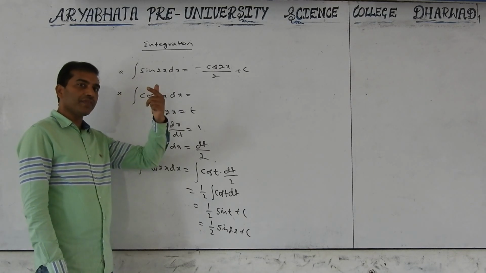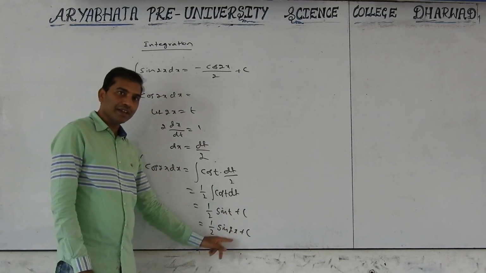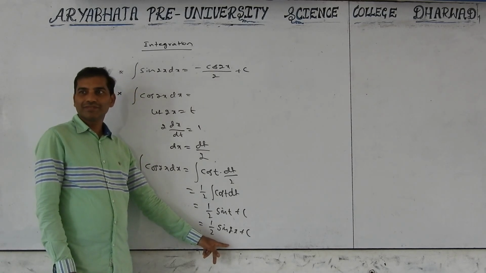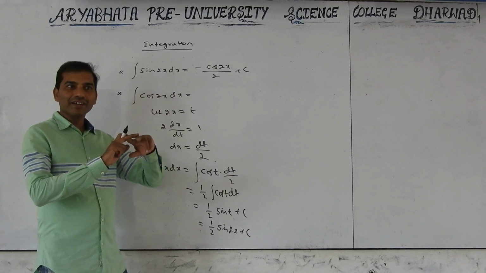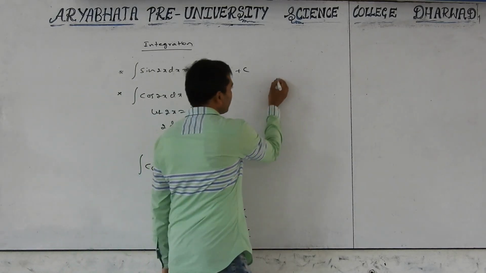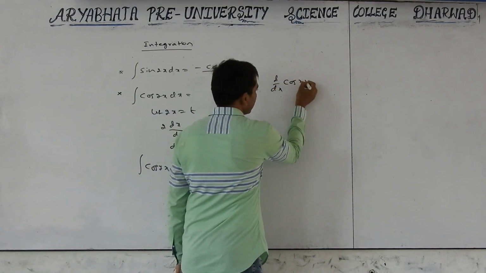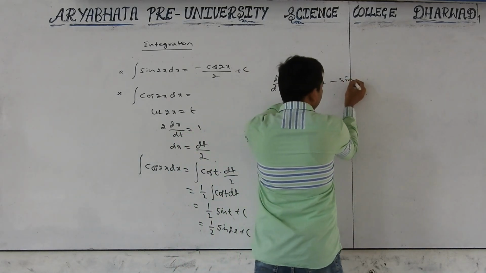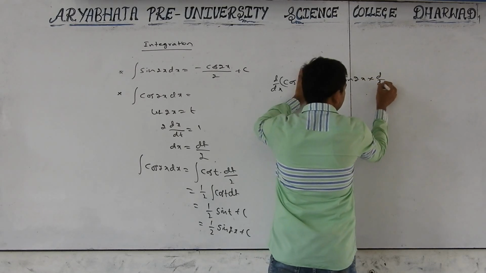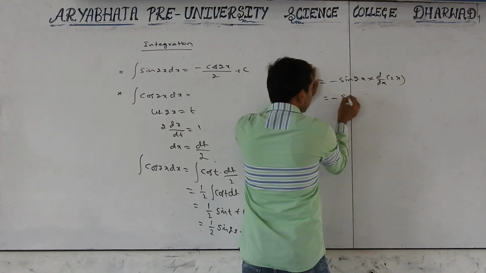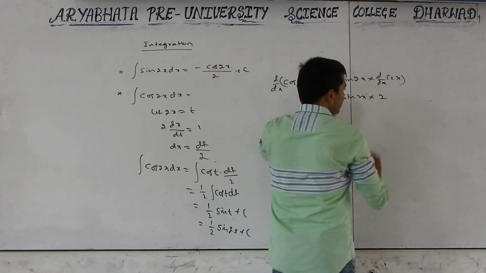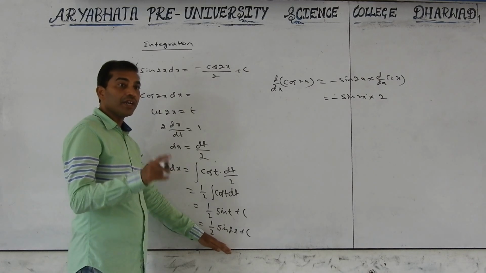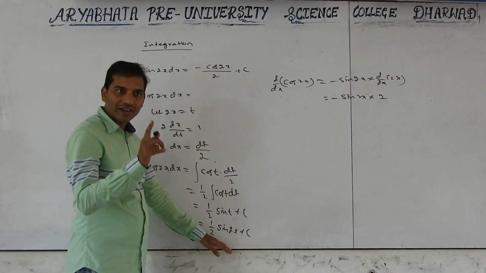That we write in the denominator, as the differentiation multiplies there. Earlier we did d by dx of sin 2x, d by dx of cos 2x. How did we do it? We took this as x. Cos x integration is minus sin 2x into d by dx of 2x, so minus sin 2x, and d by dx of 2x is 2. Here we should write it in the denominator.